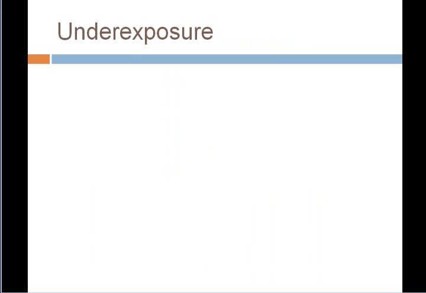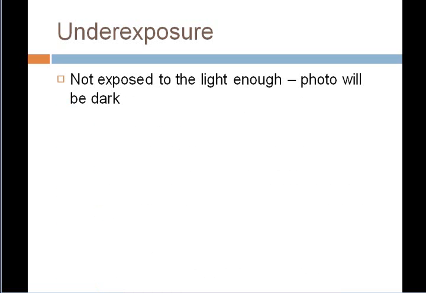So we're going to talk about fixing exposure. We'll come back to that 18% gray from time to time, but I just wanted to get that out there as a beginner, as a starter. We're going to be working in Photoshop Elements, fixing these photos that I took outside the other day, and we're going to first fix the underexposed photos.